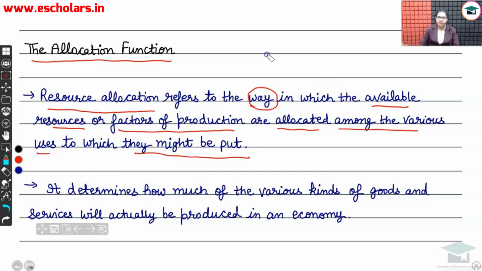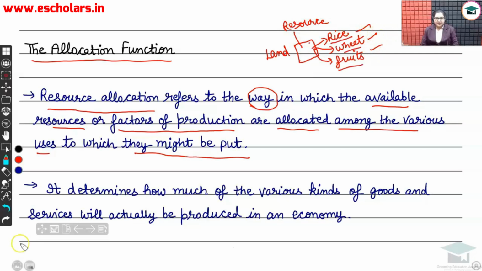Okay, for example, there is a land. This is the piece of land. Now a farmer can generate rice or wheat or fruits on this particular piece of land, right? So this piece of land is a resource, and this resource can be used for various purposes.